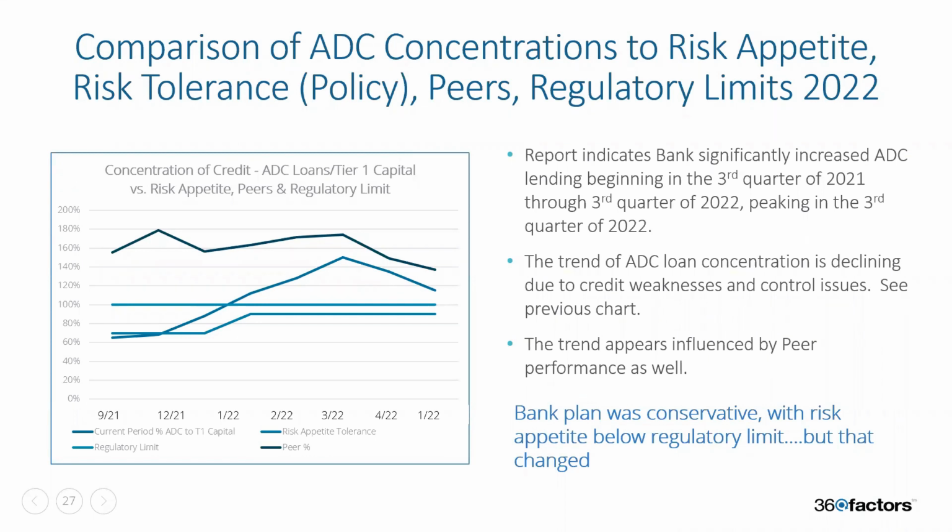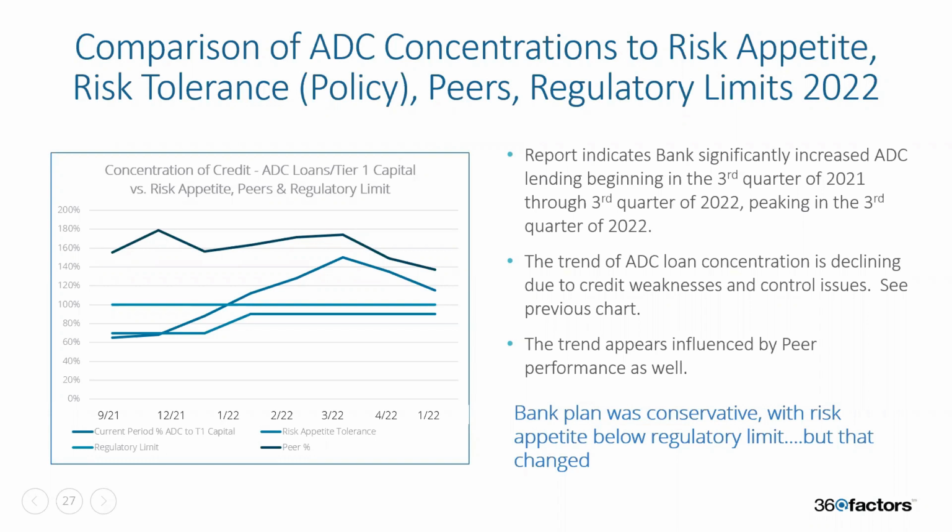You can see here, this is what I mean by putting a number of different trend lines on the same chart. I can see where I am current period, that starts on the left-hand side at the bottom. You can see how we grew the portfolio, and then we started to back off a little bit, and I'll show you why in just a second. You can see what the regulatory limit is, that straight line. So we went way above the regulatory limit.